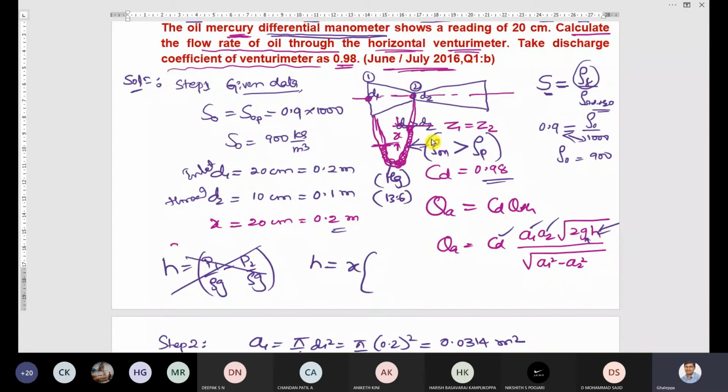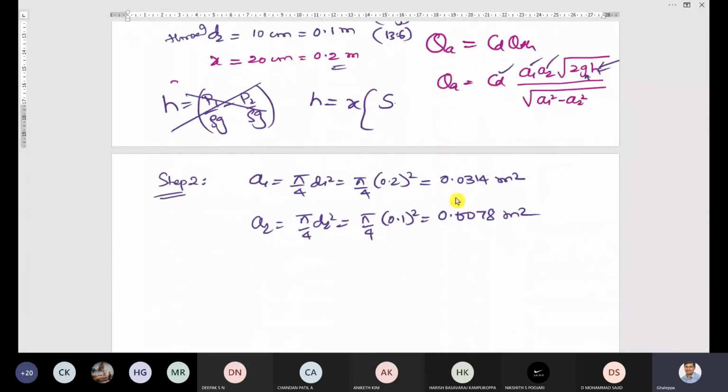It is only 900. That's true. So density of manometric fluid is more than density of the pipe. So in that case, I will use x into specific gravity of manometer, that is heavy, divided by specific gravity of the pipe, or oil, and is oil.